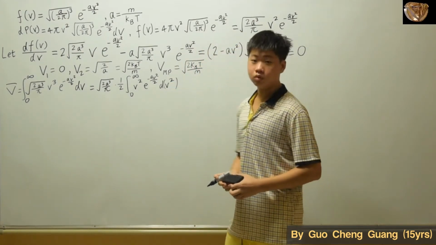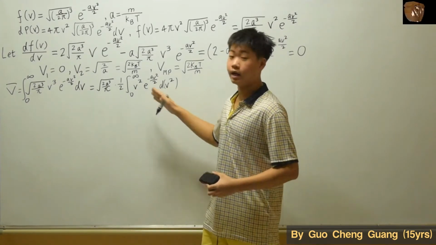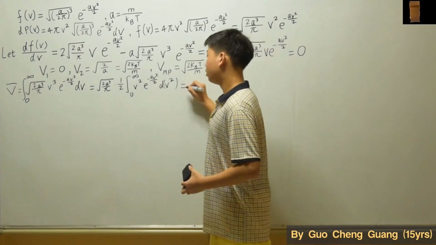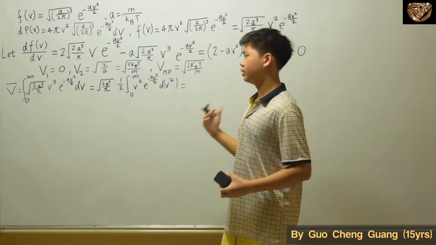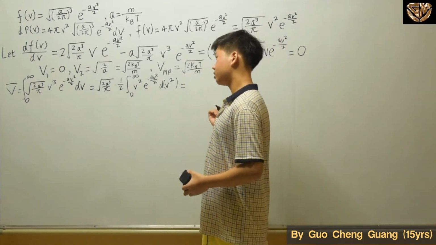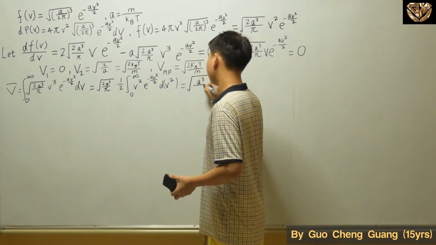Alright, so what does this do? Now what if we make this part the same as your power in your exponential function? If you have done more complicated integration functions before, this might be obvious, might not be obvious. It depends on what kind of experience you have.